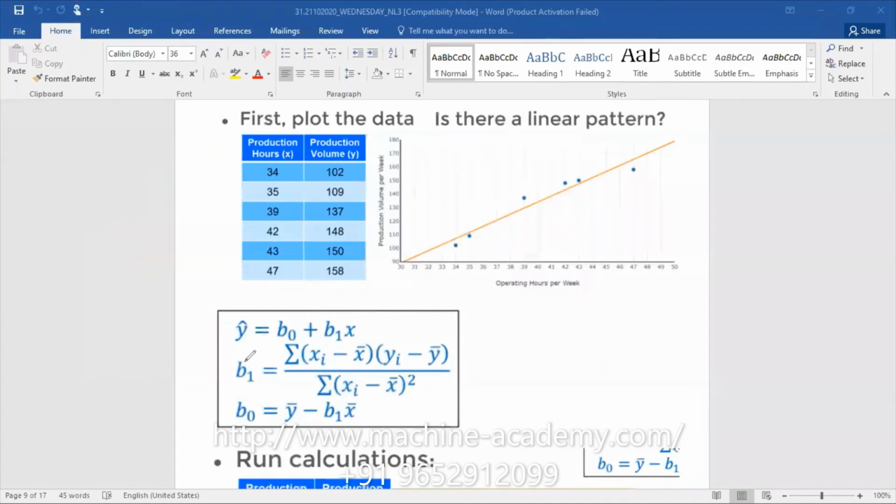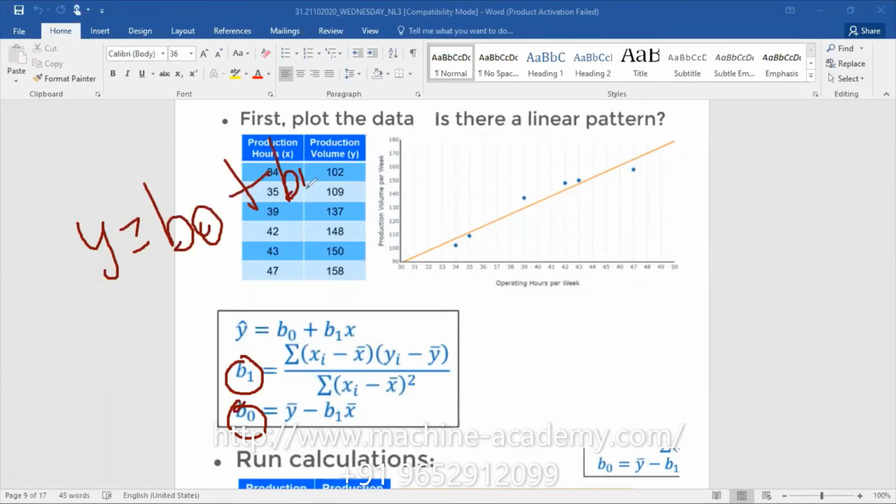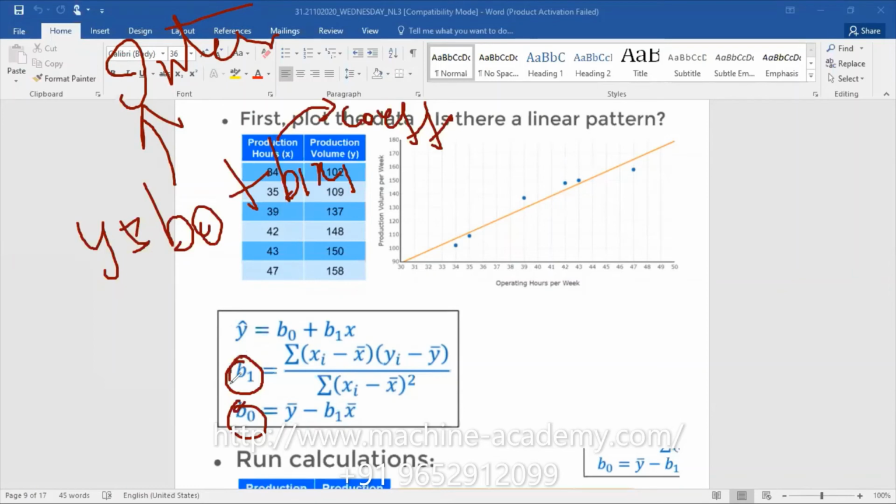Now, there is a B1 formula and a B0 formula. In y equals B0 plus B1 x1, B1 is the coefficient and B0 is the intercept point. Based on the scenario, B1 has a particular formula that we need to apply.